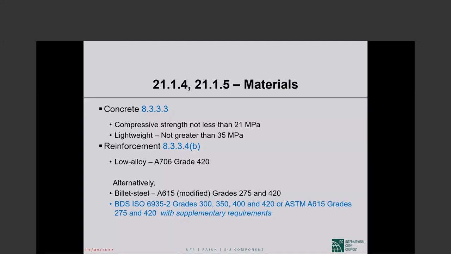That's because we do not have enough test results to tell us that the hysteretic behavior, the cyclic load displacement curves of lightweight concrete members would be similar to the load displacement behavior of normal weight concrete members of the same strength.